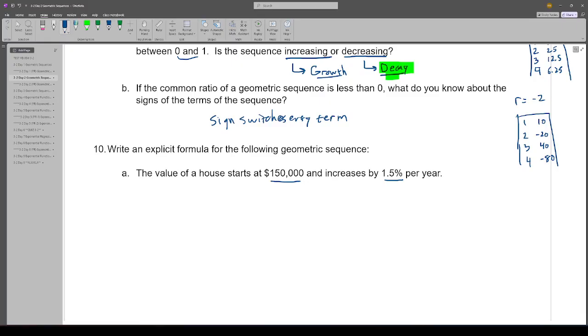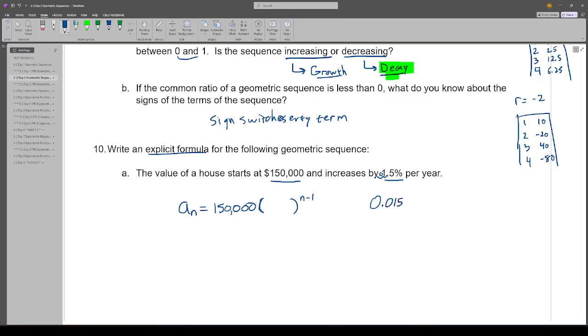We know that if we were writing this as a sequence, a_n equals 150,000 times something to the n minus 1. It always looks like this for explicit formula. But if we put 1.5%, remember percent means over 100, so we would need to move the decimal place 2 spaces this way.